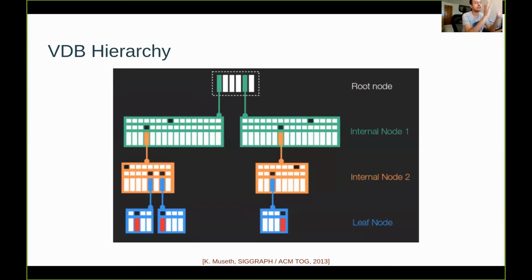This is kind of what the hierarchy of the data structure looks like. It's basically a tree, and it has a single root node, and then typically it has two sets of internal nodes and a leaf node. This particular topology is predefined, but as the map grows larger in size, this tree actually grows along the breadth, right?